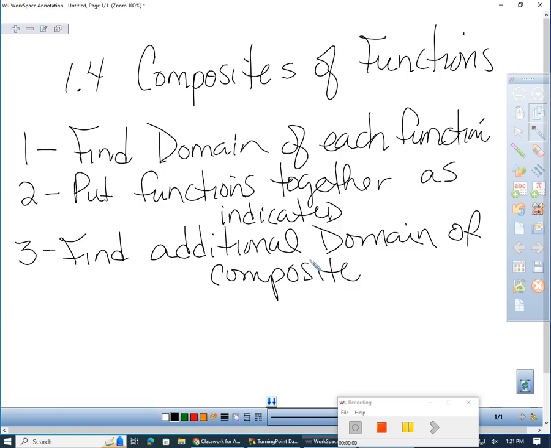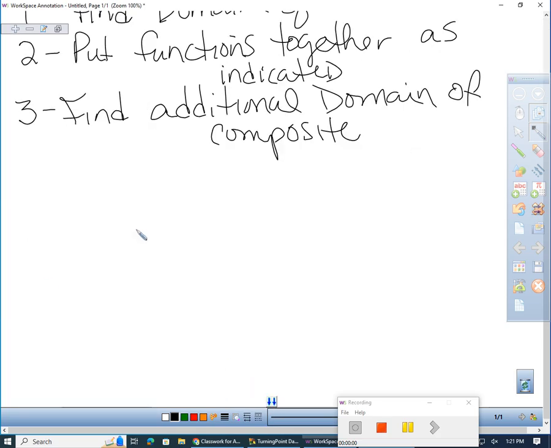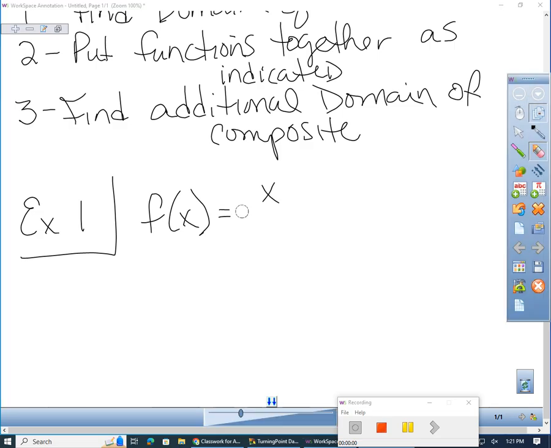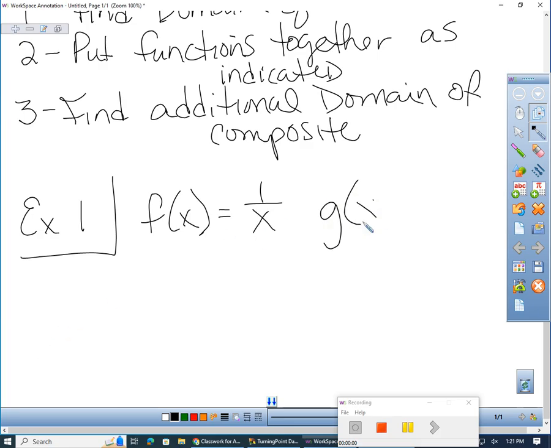For example, example number 1, I tell you that f of x equals 1 over x, and g of x equals, how about x plus 4?